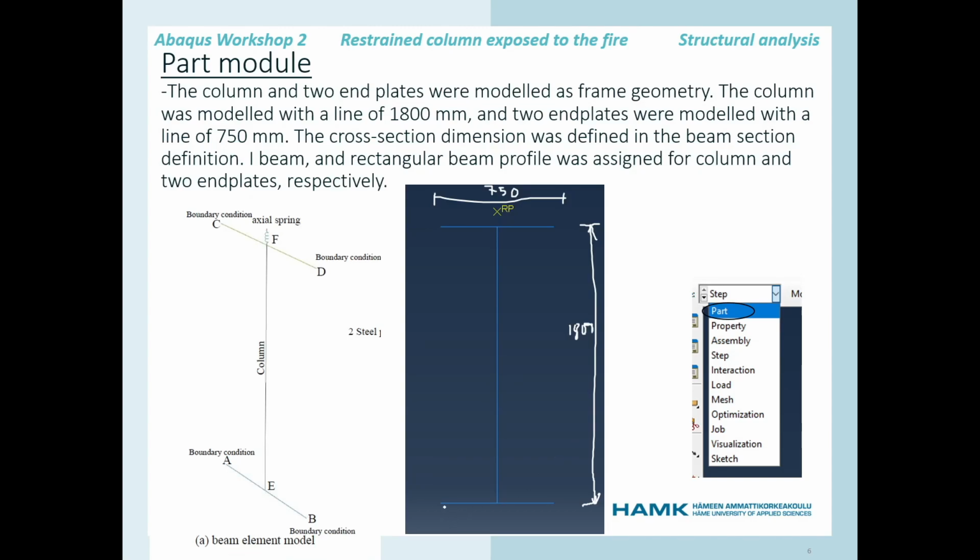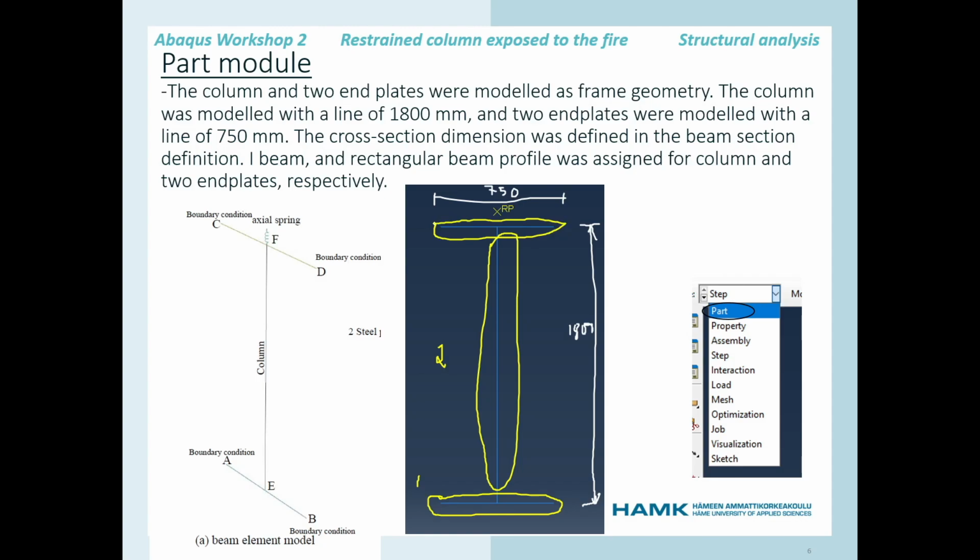The lower plate we create as one part, and now we create this lower plate as the first part, and then this column as the second part, and again this upper plate as the third part, and this discrete point part as the fourth part.